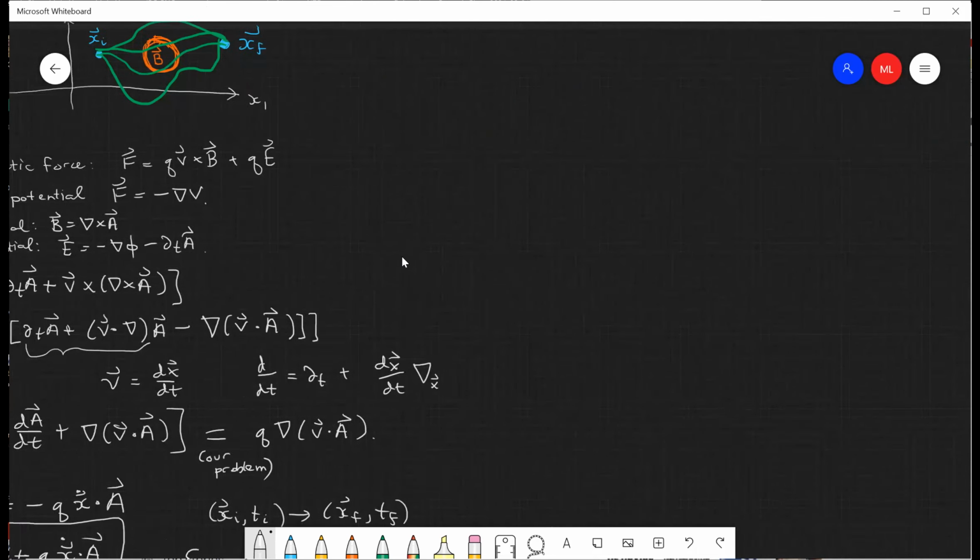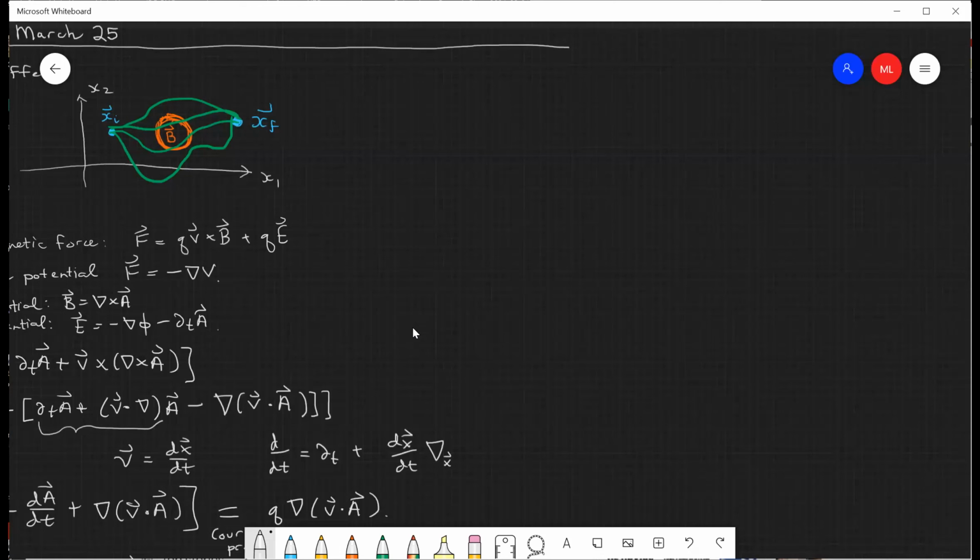Okay, cool. So we're going to calculate the propagator for this thing using what we've derived now.